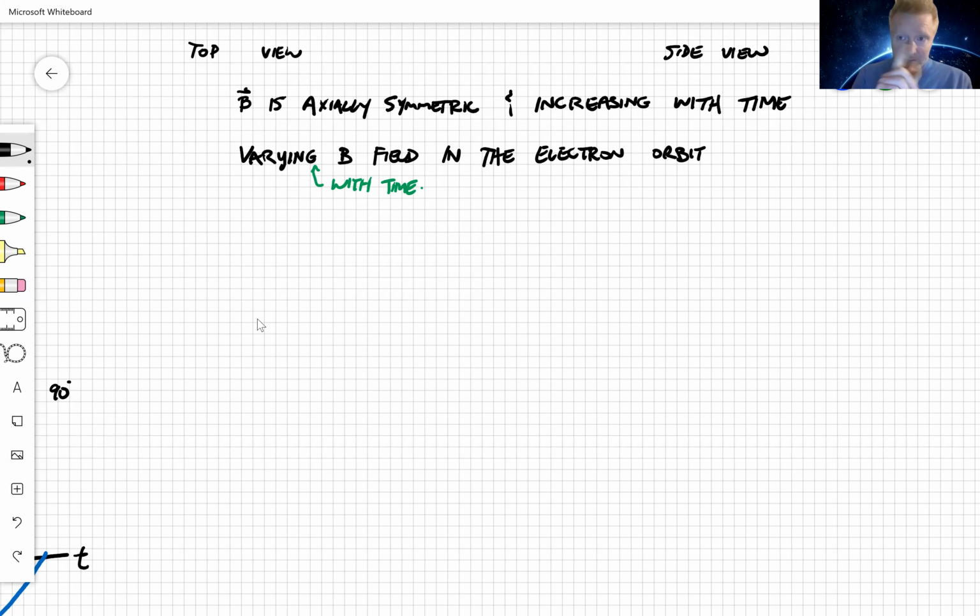If you recall the Faraday law from the Maxwell equations, it doesn't mention anything about voltage.